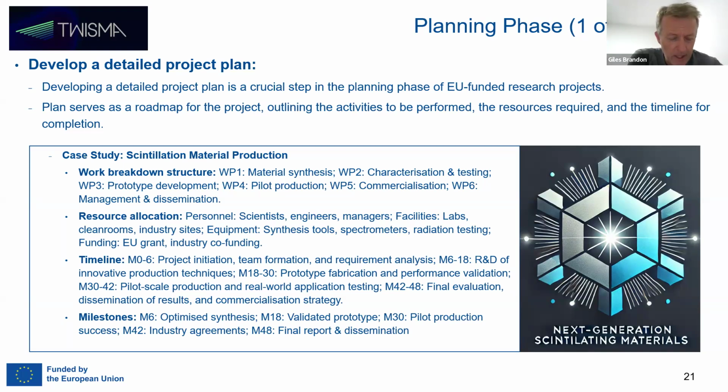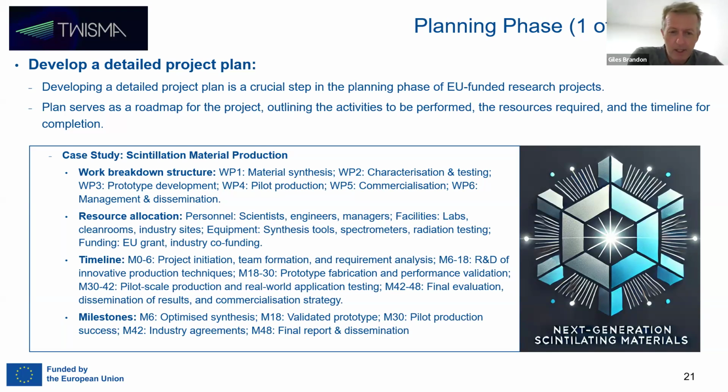The timeline. At this point, we're trying to describe it more explicitly. Maybe it will look something like this. So maybe we're saying from the start of the project to month 6, we'll be doing project initiation, team formation, and requirements analysis. Month 6 to month 18, we're going to do the R&D of the innovative production techniques.